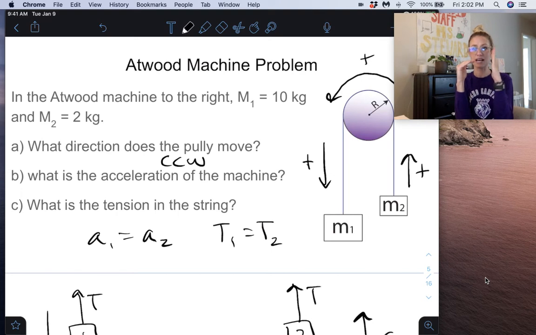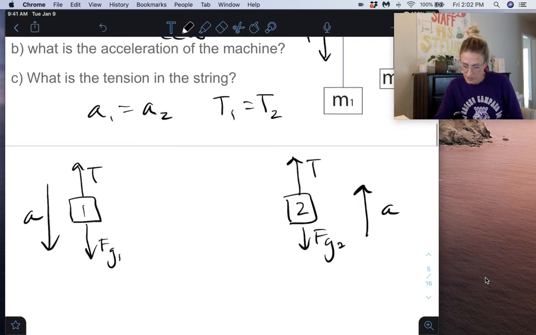So on this side, it's going to be positive upward. On this side, it's going to be positive downward, because again, that coordinate system that's positive this way is going to be bent like that. All right, so our positive direction is going to be up for mass 2. Positive direction will be down for mass 1.